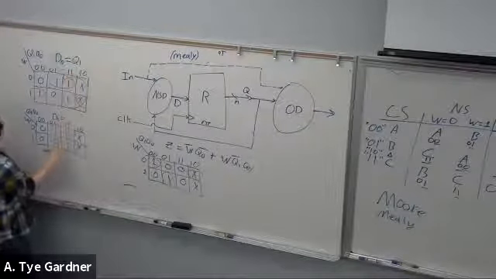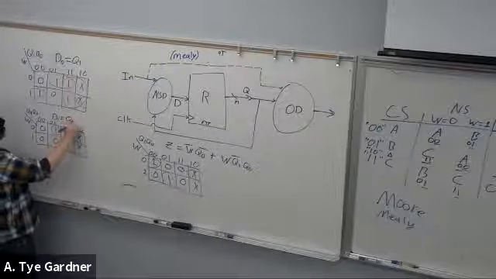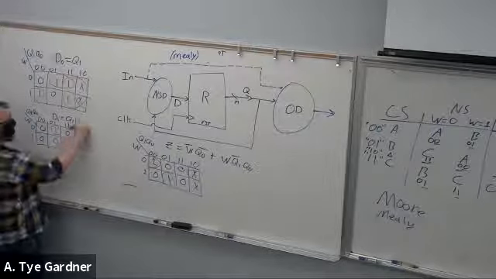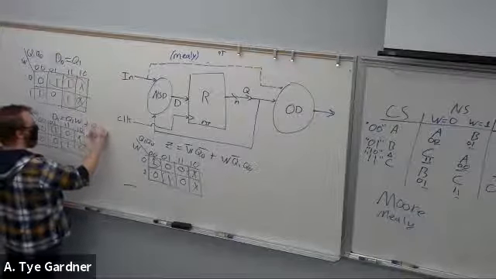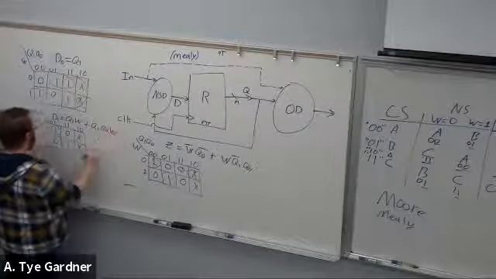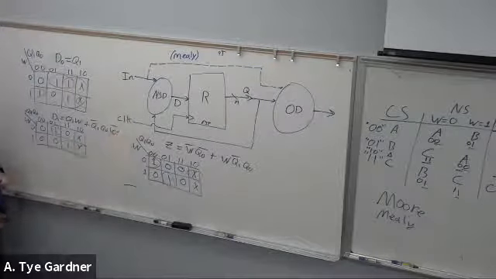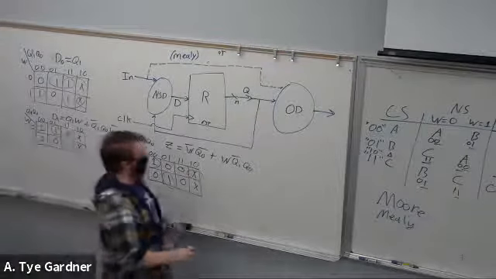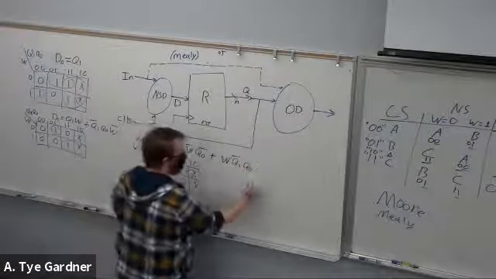And D1 is equal to Q1 W or zero, 1, 0, something like that. And then we just go ahead and start plugging these equations into those circuits.